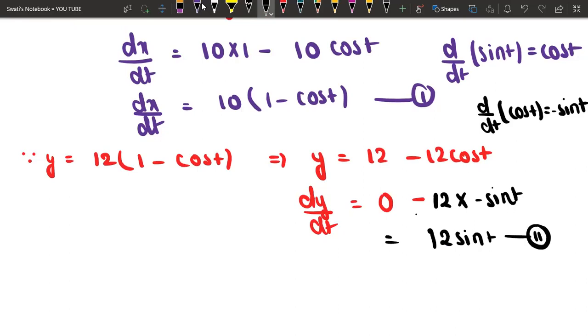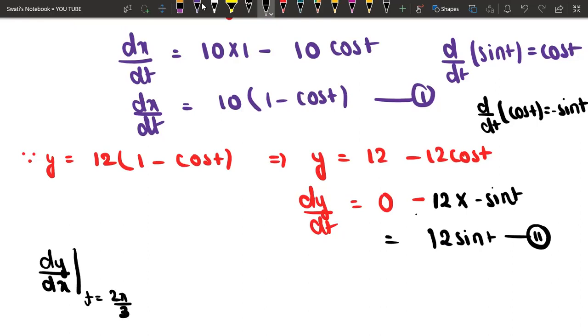What do we need to find out? We need to find out the value of dy dx at t equals 2 pi by 3. There is another way to write this, and then you can just write this as at t equals 2 pi by 3.